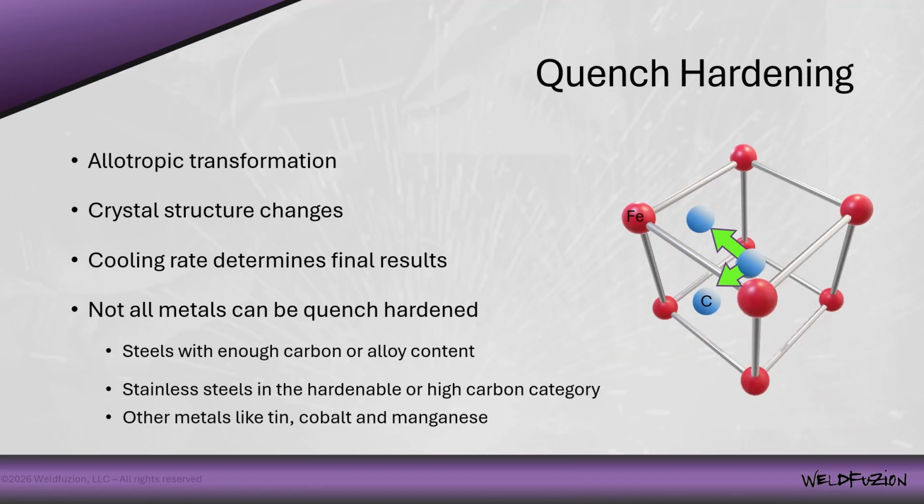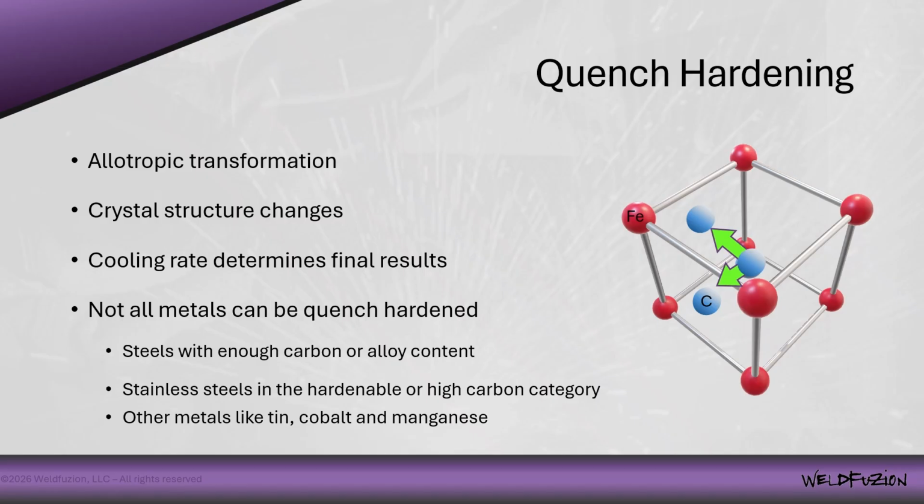Now, for materials like steel that are quench hardenable, when you have enough alloy content, they undergo a crystal structure change when heated to a certain temperature before they melt, right? So that crystal structure is going to change and those atoms are going to move around as they go up in temperature. This is called allotropic transformation. I know it's a big word, but don't get hung up on that.